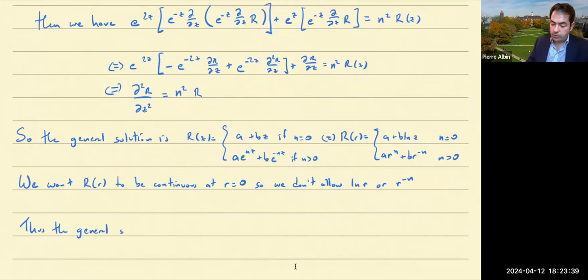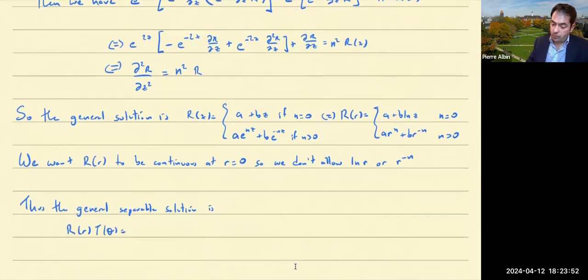Thus, the general separable solution is R times capital T would be equal to, say, A0 for lambda equal to 0, and a_n r to the n cosine n theta plus b_n r to the n sine of n theta.